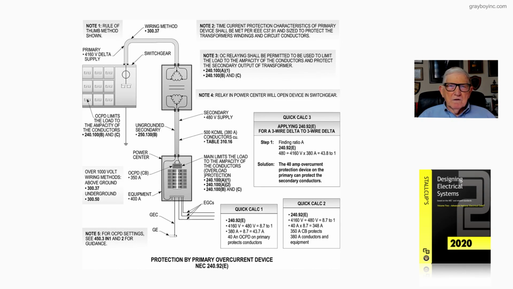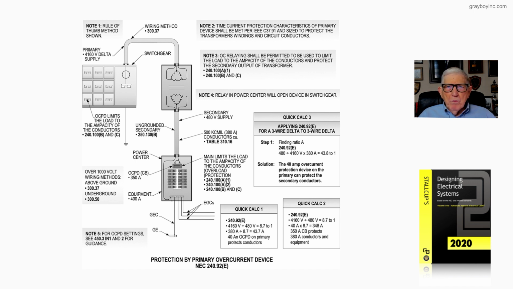Now let's look at this Figure 20-44 from Stallcup's Electrical Design Book, Volume 2. Before we get into it in more detail, let's take a look at the notes and the information they provide. In Note 1, a rule of thumb method is shown.